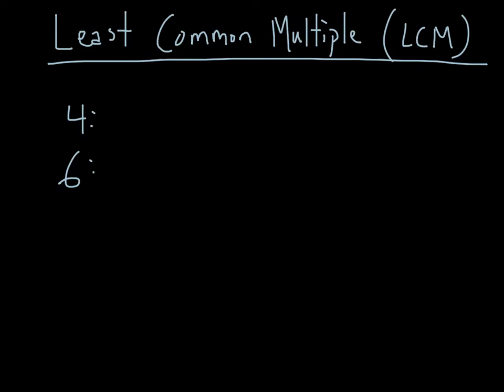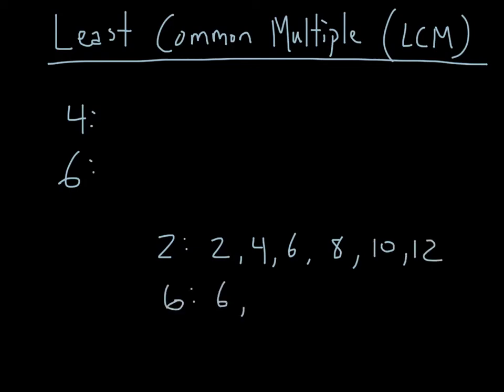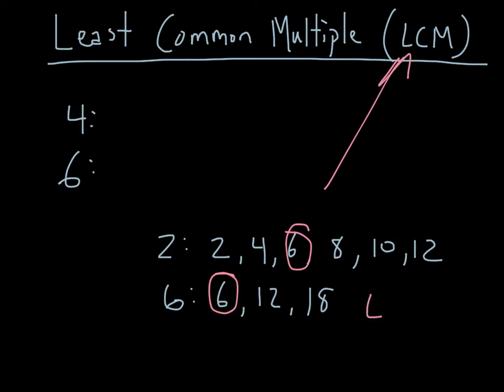And so we listed some multiples of 2, and then we listed some multiples of 6. And then remember, we found the one that they had in common that was the smallest or least, and that was 6. So the LCM of 2 and 6 was 6.